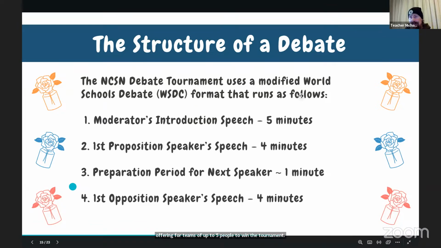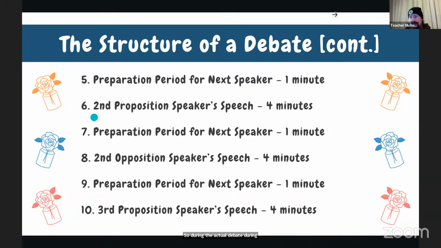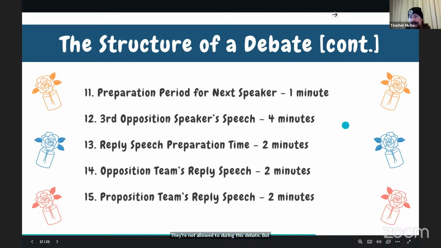During the substantive speech part of the debate, it's only 3 debaters versus 3 debaters. So if you've got a team of 5, that means that 2 debaters are what we call reserves. They're not allowed to speak during this debate, but if their team makes it through to the next round, those 2 reserve players can come onto the team, and 2 of the current debaters just come off, and then they're the reserves.